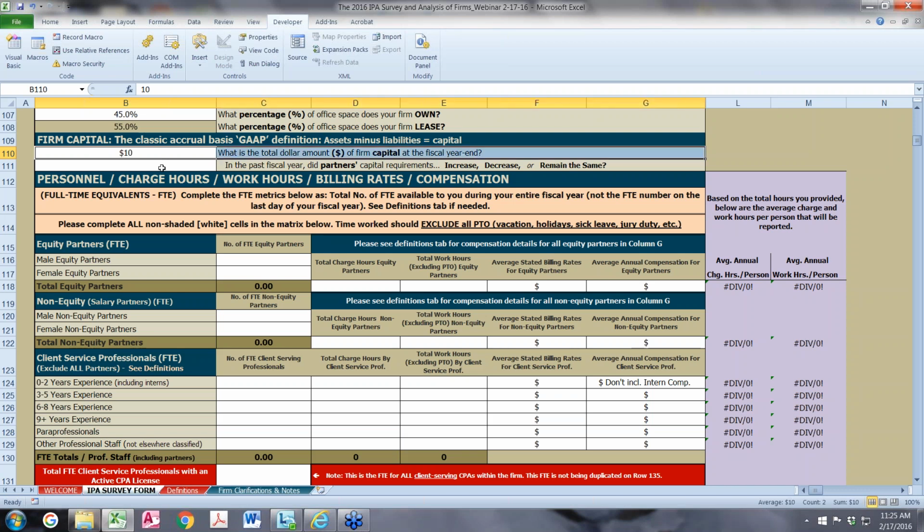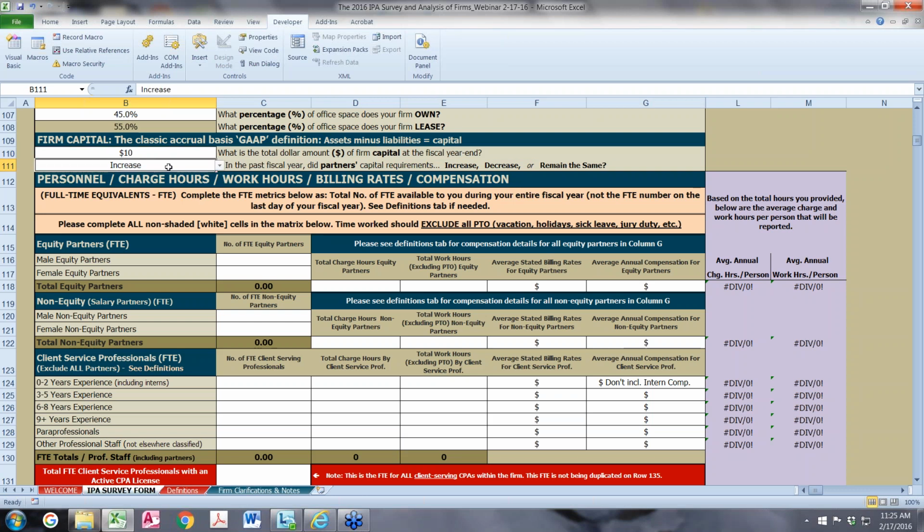On row 111, we are asking if that number has gone up, down, or remained the same. So what we're looking for here is whether the partners had to put any additional capital into the firm for last year. This really doesn't have to do with the partner's draw amount, but with their total compensation.